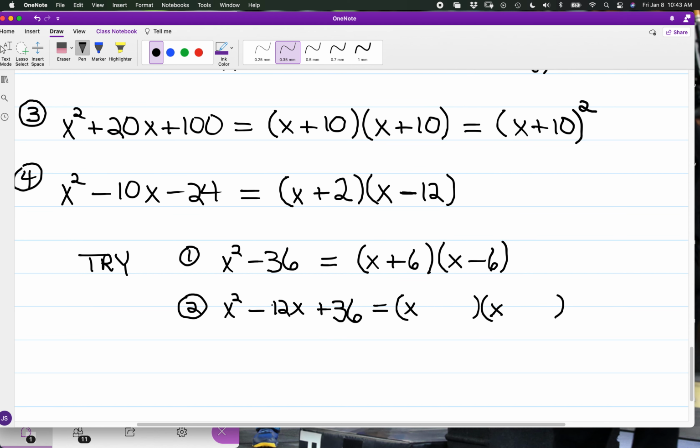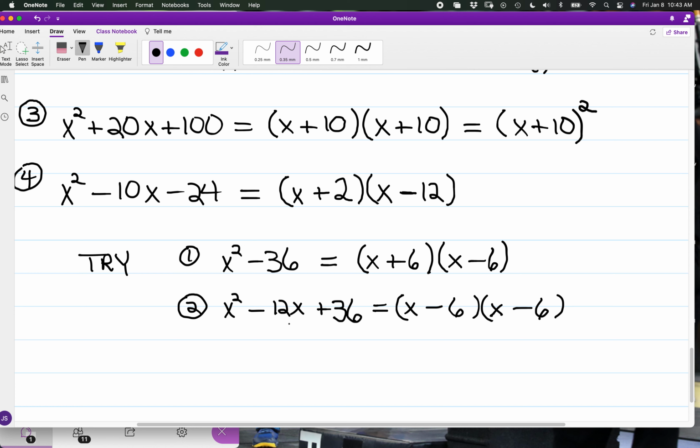To combine to negative 12, both of these factors must be negatives. So the two numbers that multiply into 36 and simultaneously add to negative 12 turn out to be identical, negative 6.